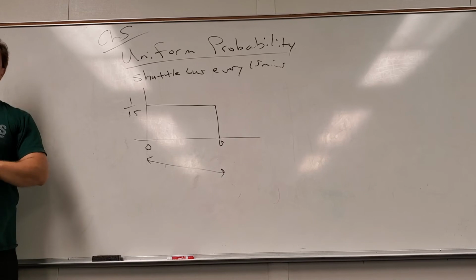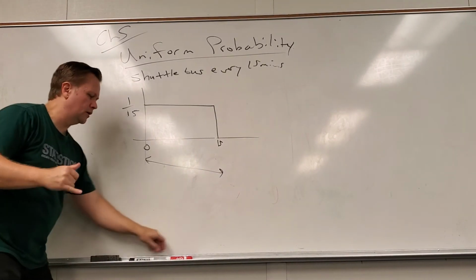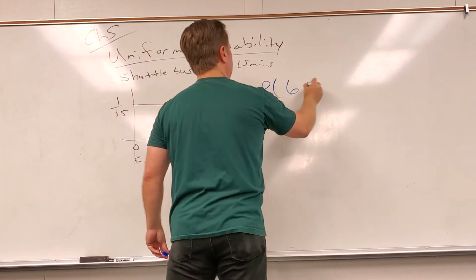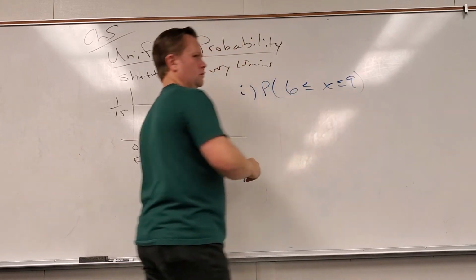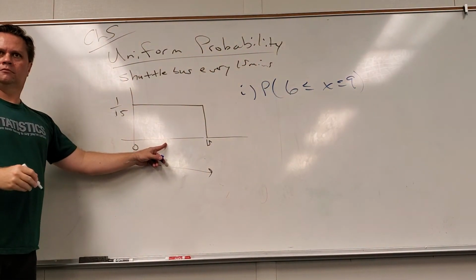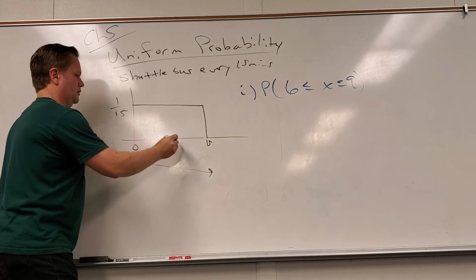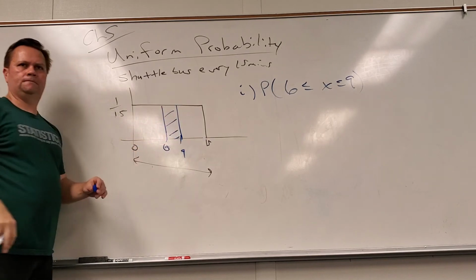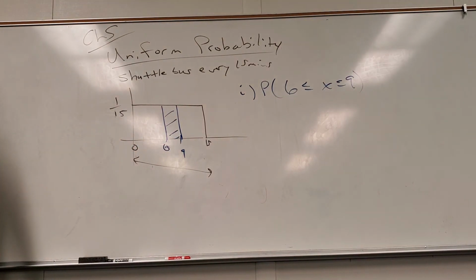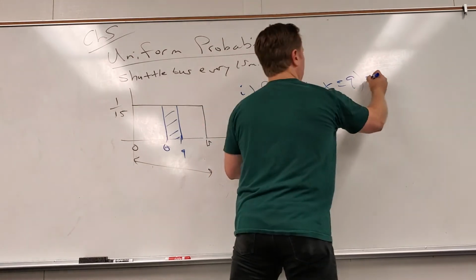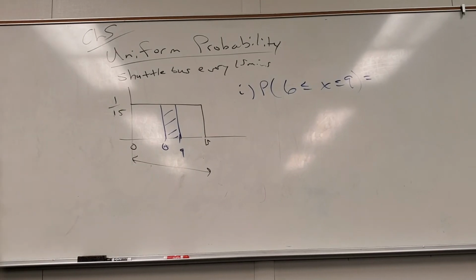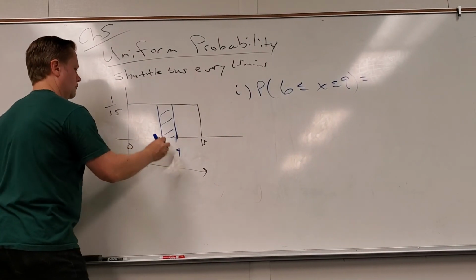Now if I ask a question, and this is where people don't really believe me, but once you get it set up, you are golden. What's the probability that I have to wait from 6 to 9 minutes? Can you draw that in here? What's the area of that? What's the width of that little blue region? 3.